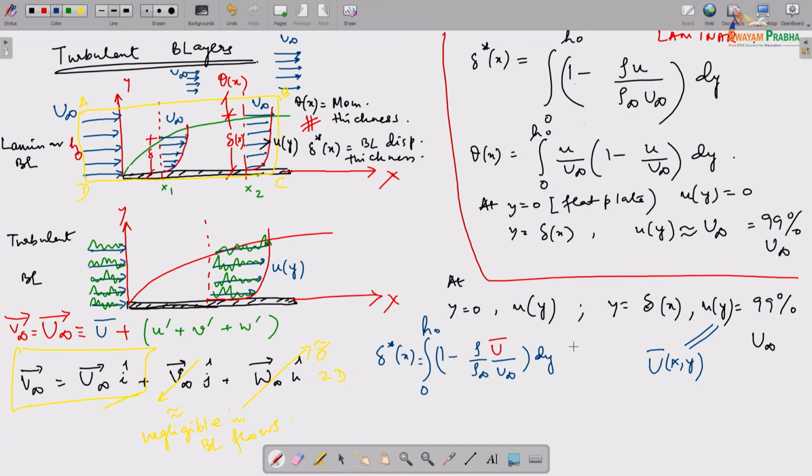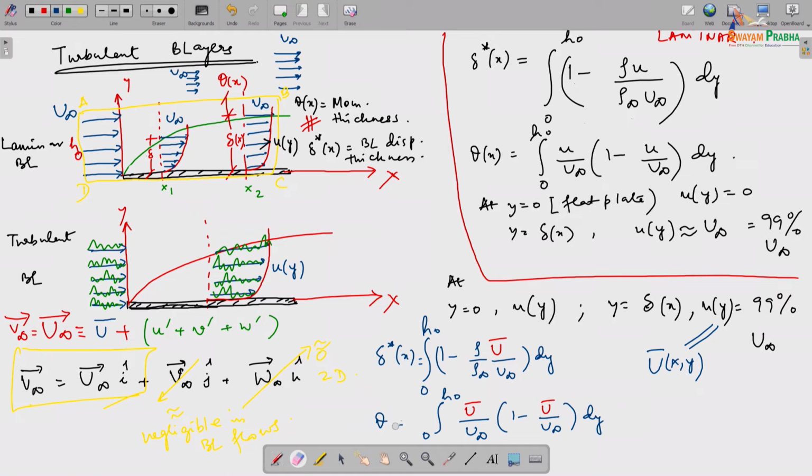The other one is theta, the momentum thickness, which is u mean by free stream times 1 minus u mean by free stream.